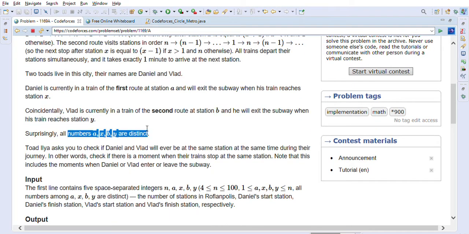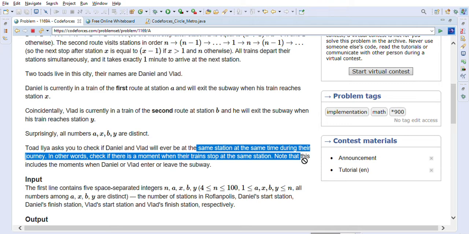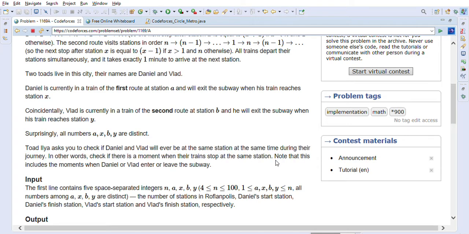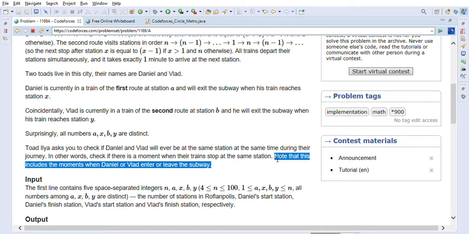Surprisingly, all numbers A, X, B, Y are distinct. Toad Ilya asks you to check if Daniel and Vlad will ever be at the same station at the same time during their journey. In other words, check if there is a moment when their trains stop at the same station. Note that this includes the moment when Daniel and Vlad enter or leave the subway.